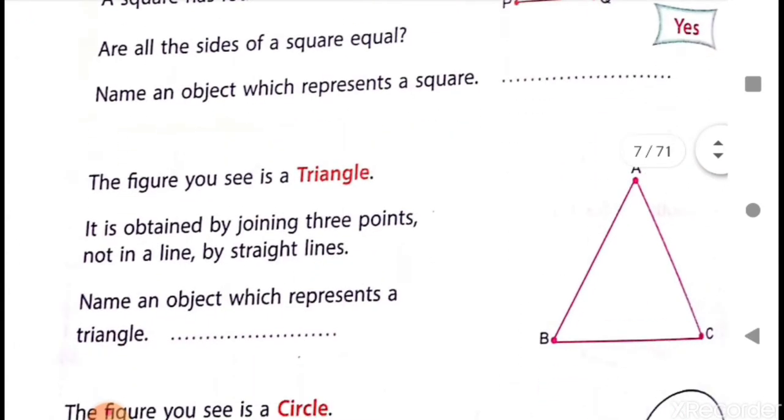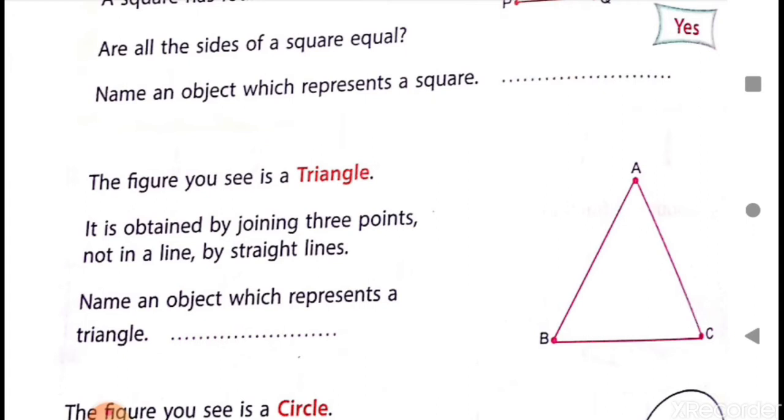In a triangle, it is obtained by joining 3 points, but these 3 points are not in the same line. But when we join these points, we join them by a straight line. So in a triangle, there are 3 sides, 3 lines. You can see line AB, line BC and line CA.